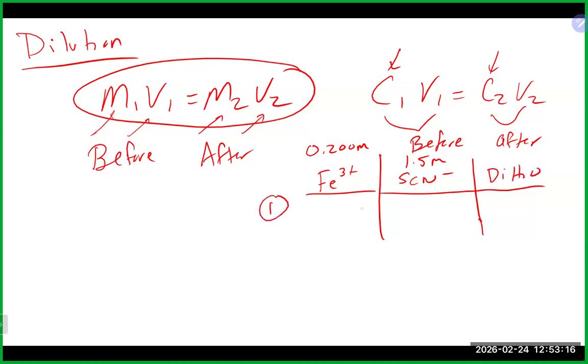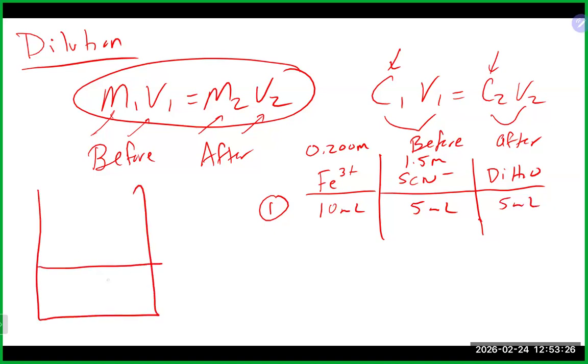For my first test tube, I used 10 milliliters of iron, 5 milliliters of my SCN minus, and 5 milliliters of my water.